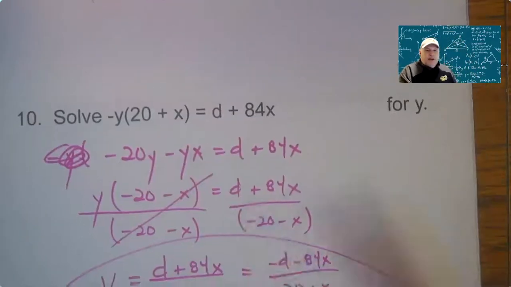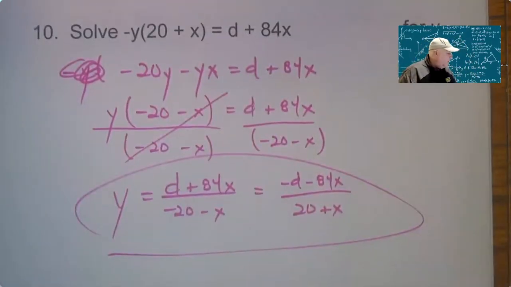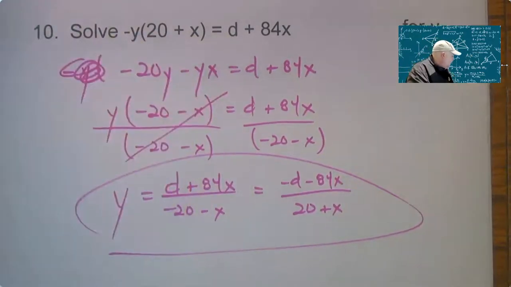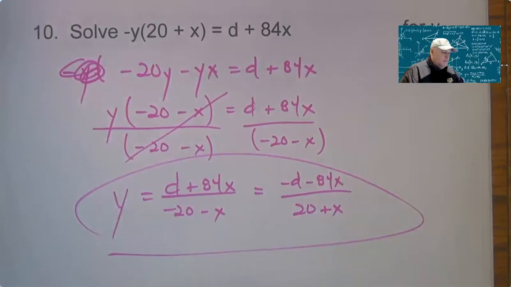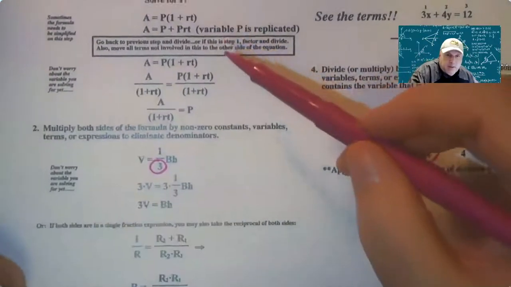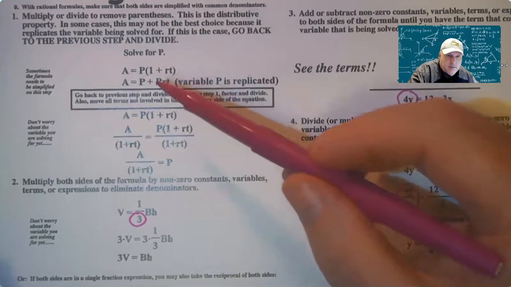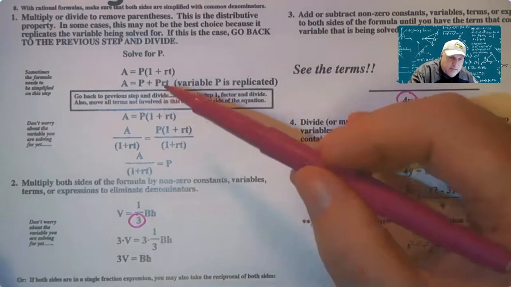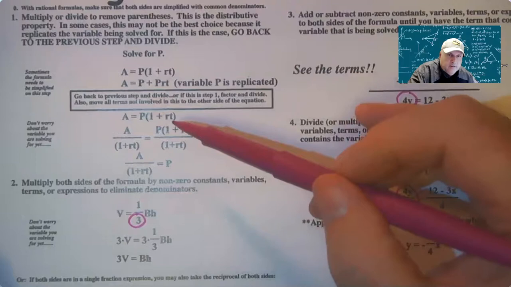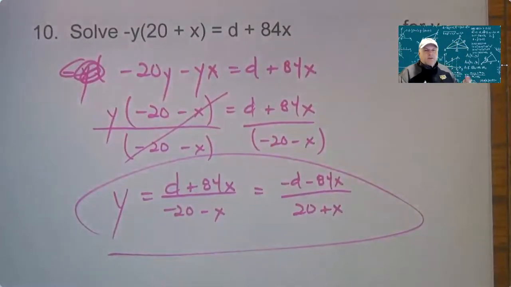But the step of factoring out has to do with the first, I'm just checking to see my answer here. Yeah, I put the negative in front. It has to do with this replicating of the variable. So you kind of see from here to here how we factored the p back out. So that's what's going on with that. So that you can isolate it, you have to factor it out and kind of go backwards.